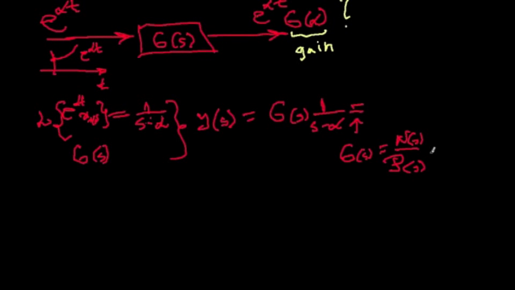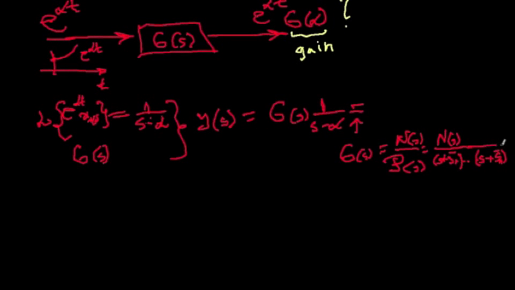And we know that we can express G(s) as factors, s plus s1 multiplied by s plus sn.